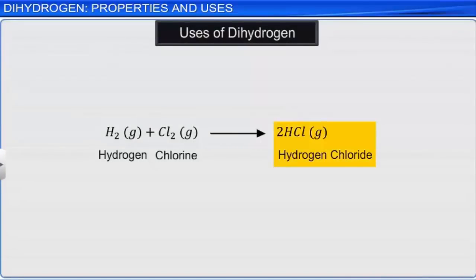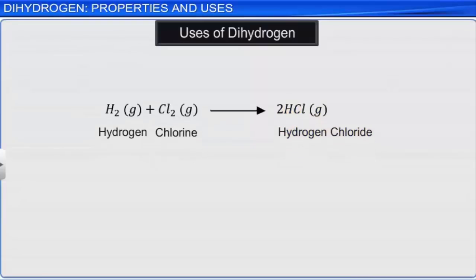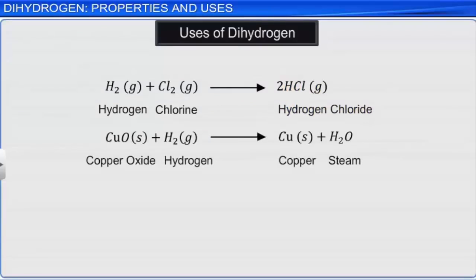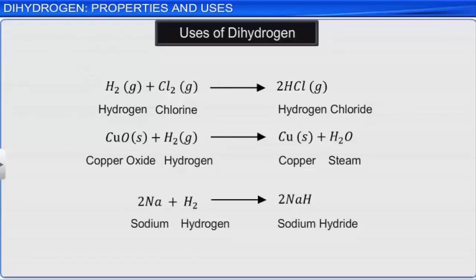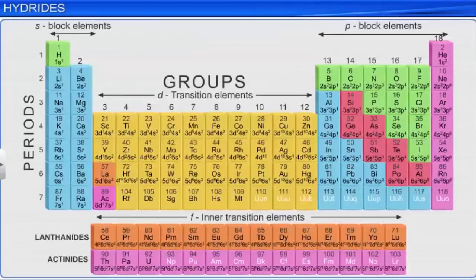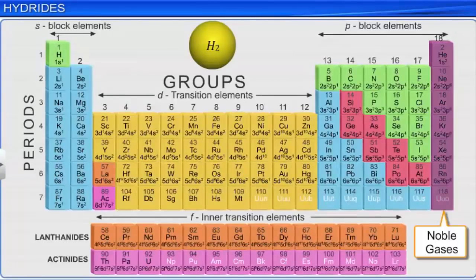Commercially, it is used in the preparation of hydrogen chloride, as a reducing agent to reduce metal oxides into their respective metals, and also in the manufacture of metal hydrides. You have learned that dihydrogen combines with almost all the elements except noble gases under suitable conditions to form binary compounds called hydrides.